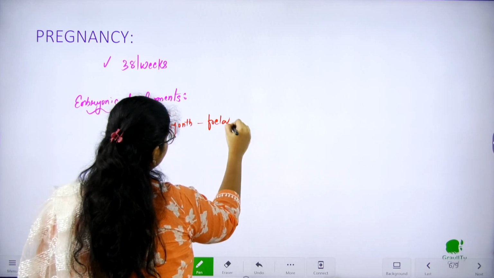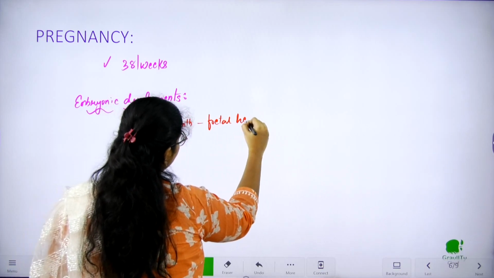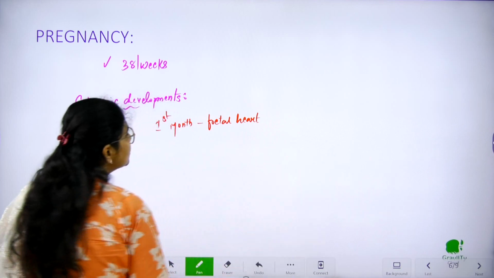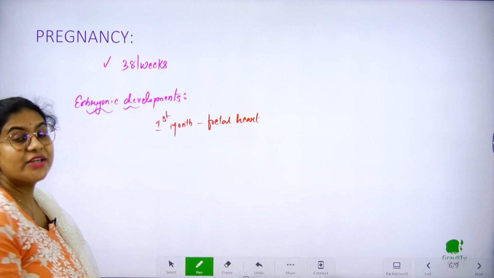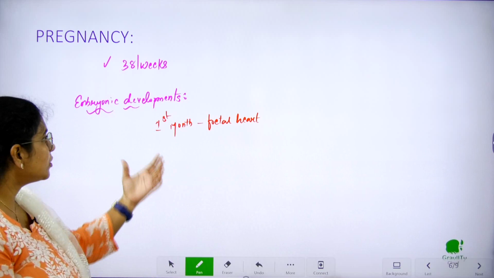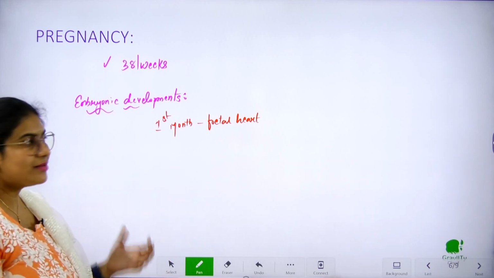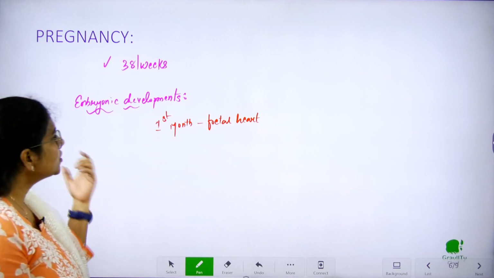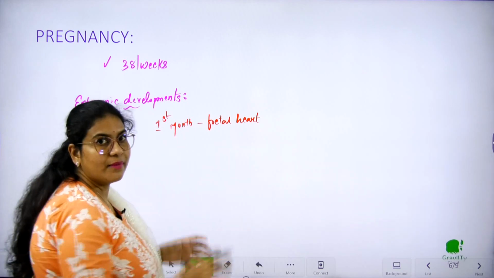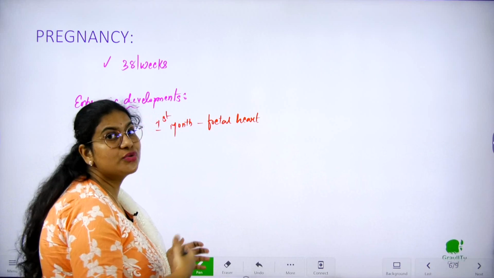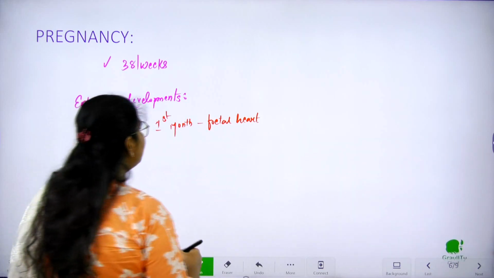So the heart is the first organ to be formed. That is where the doctor is going to check the heartbeat of the fetus. If it is not going to develop a heart, then it is going to get eliminated out of the body. That results in a miscarriage. So first is the pumping machine. Blood has to be pumped for the fetus to survive. So the fetal heart will be formed.